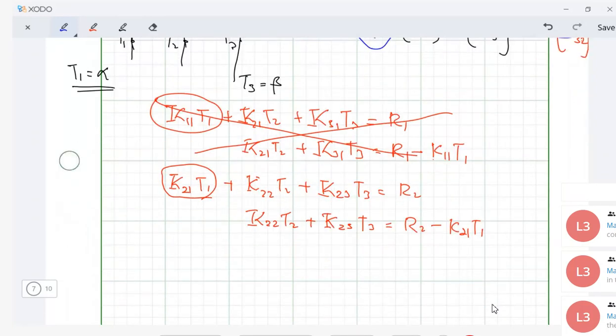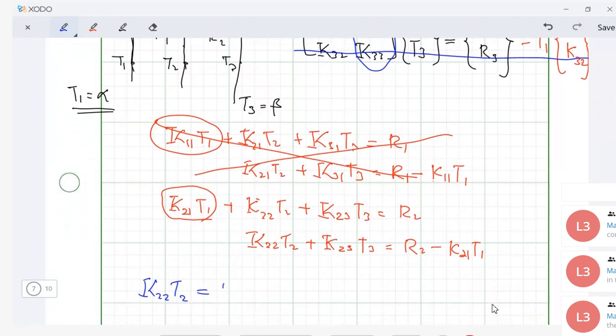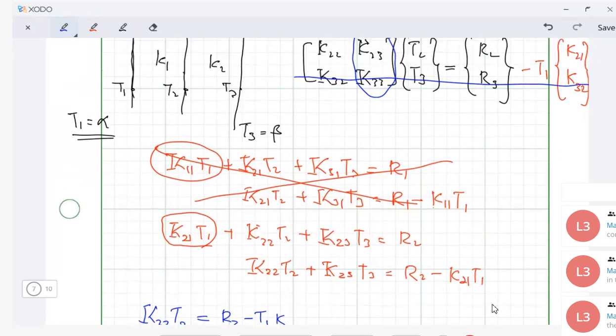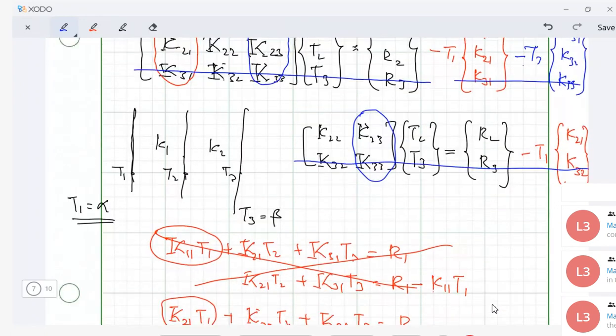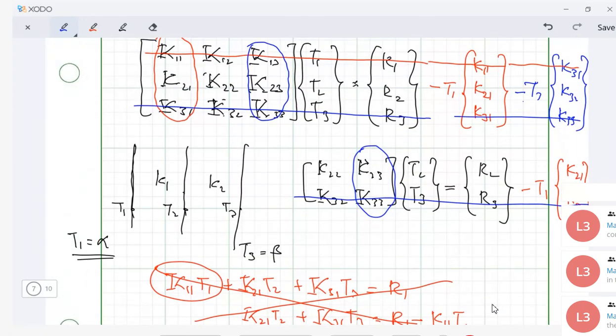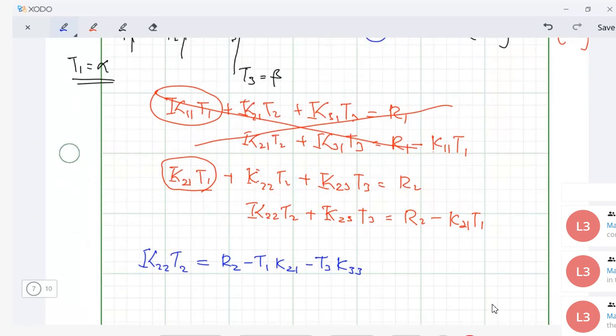So in this case, we know that K22 T2 equals R2 minus T1 K21 minus T3 K23. Right? So this is the equation now.